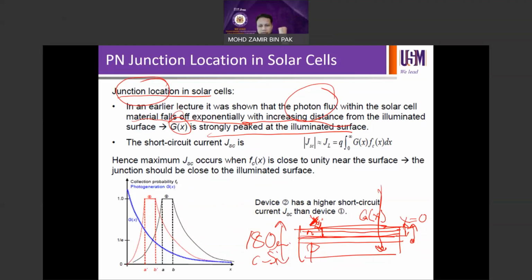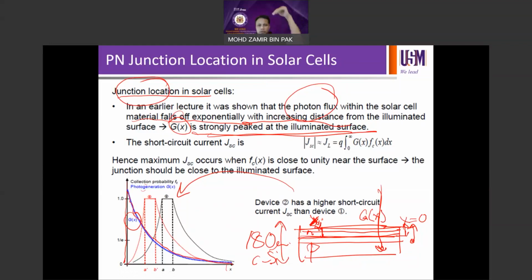You can represent this as this curve. You see collection probability on the y-axis and photo generation is also on the y-axis, two parameters on the y-axis, with x being the distance into the crystalline silicon or some other semiconductor material. A and B here on the x-axis are the width of the depletion region. The Gx will then give this profile, since it peaks at the surface.